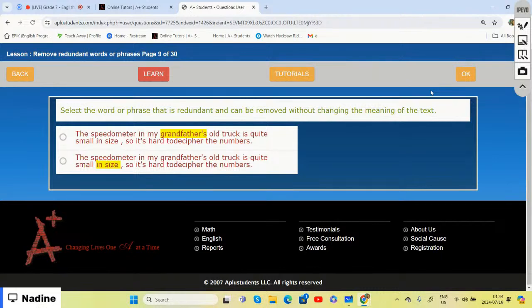If they're talking about a speedometer, they're talking about numbers, and decipher means it's almost like you're converting, coding, that type of thing.